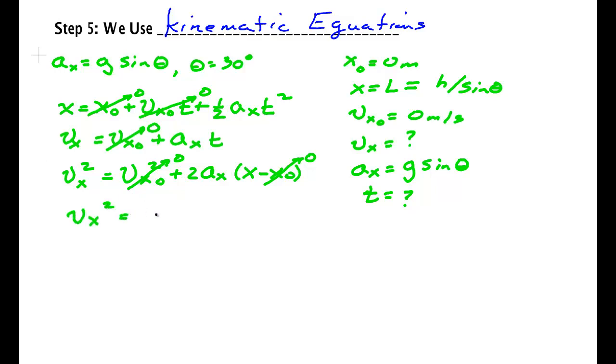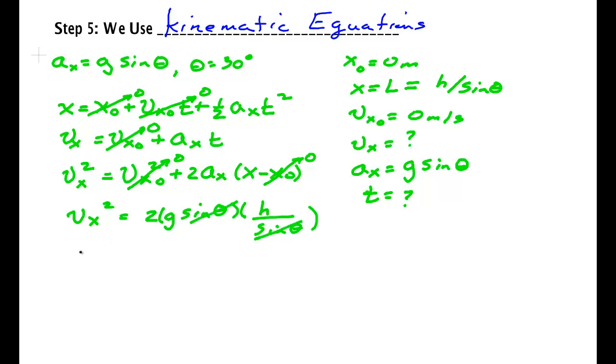Vx squared is 2 times g sine theta. And then I want to put in x. x is L, but that's h over sine theta, the height divided by the sine theta.